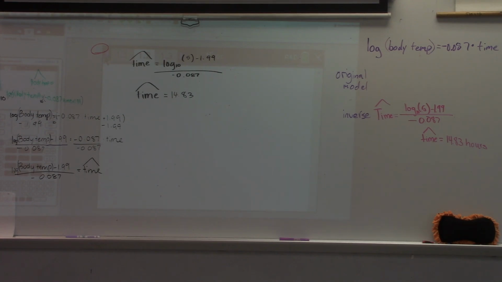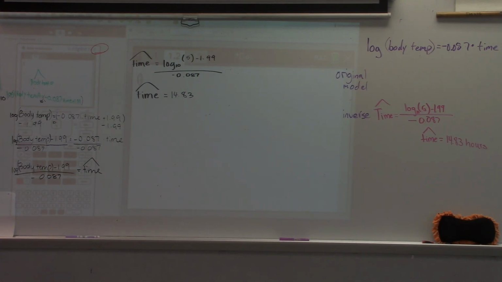All that being said, I just want to point this out to you. The beauty of using that predicted time is that I can just type that entire expression into the calculator. In fact, I would do that. I would put parentheses around, and don't forget, one of the things I love about these calculators is the inverses are paired together, right? So when I look at 10 to the x, what's right above it? Log, right?